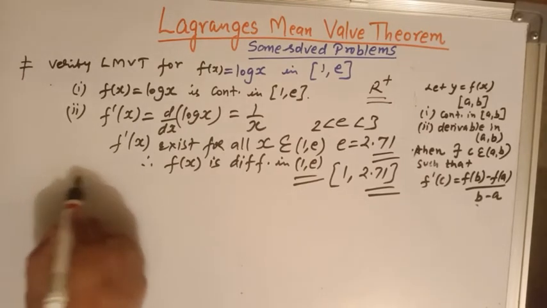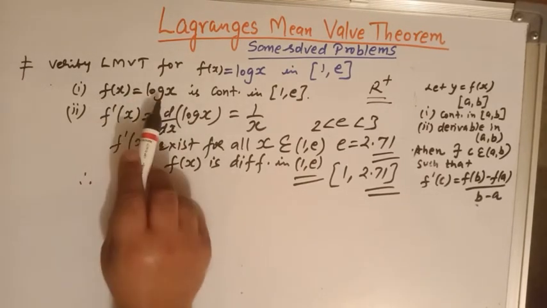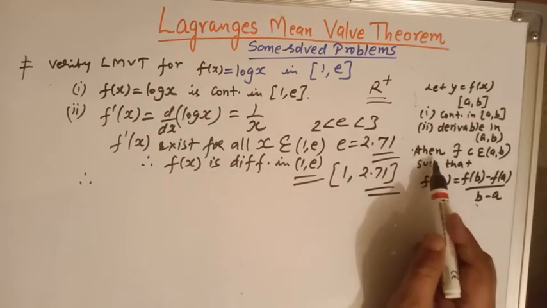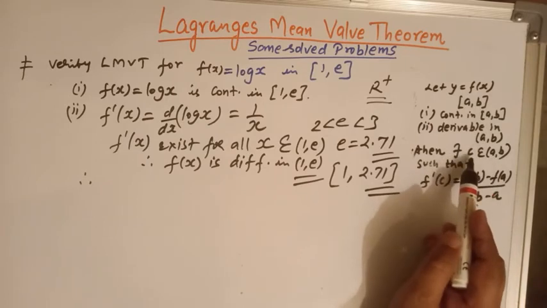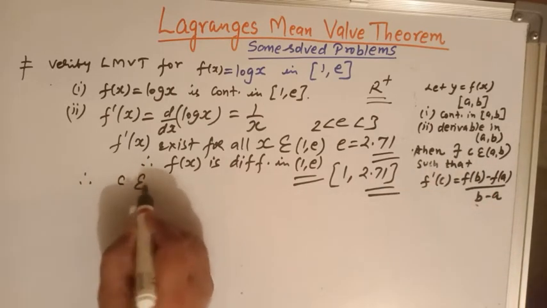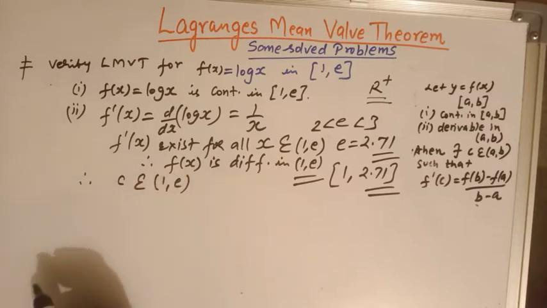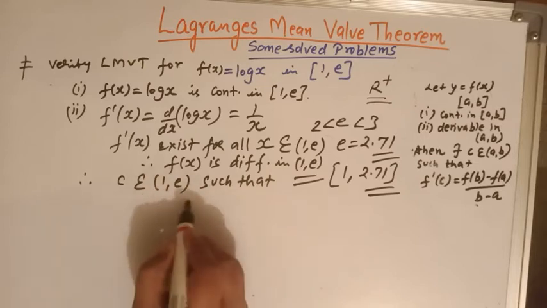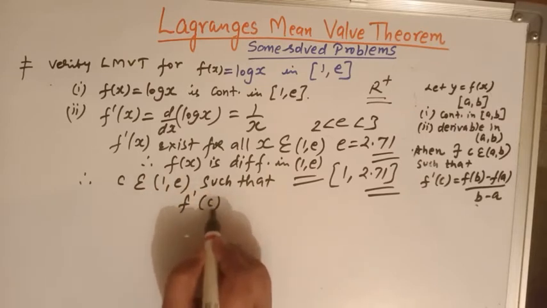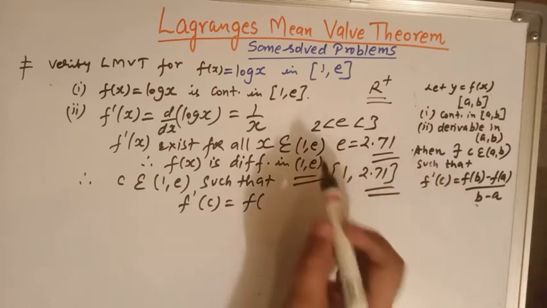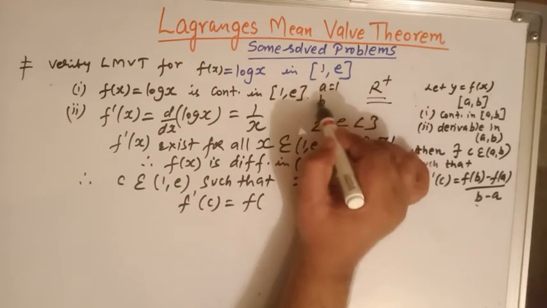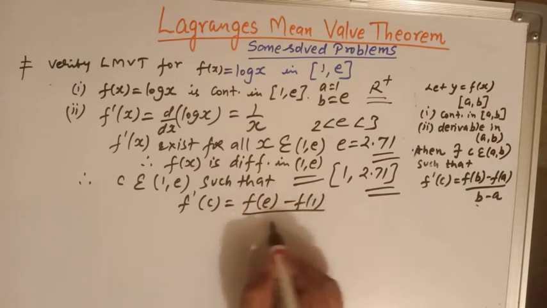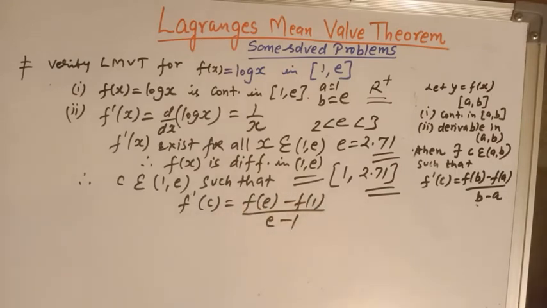Clear? So therefore f(x) is continuous, f(x) is differentiable, therefore there must exist some c belonging to (1, e) such that f prime of c is equal to (f(b) minus f(a)) over (b minus a). Here a is 1, b is e. So (f(e) minus f(1)) divided by (e minus 1).